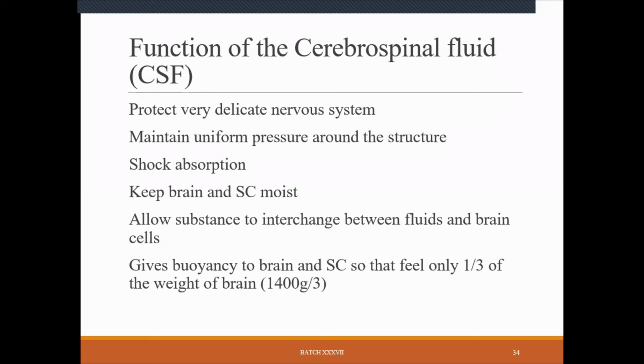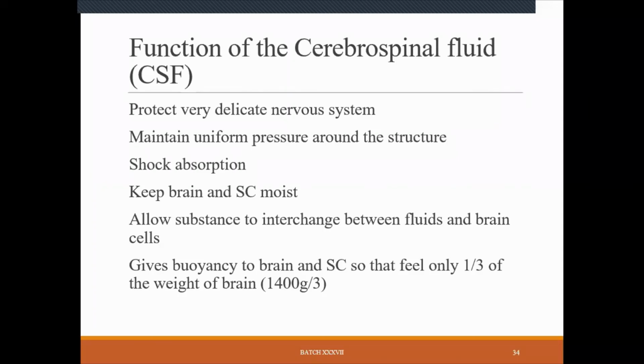And it keeps the brain and spinal cord moist. Because this is all filled with fluid, the brain is not a dry structure. It's a wet structure, and that wetness is maintained by the cerebrospinal fluid.